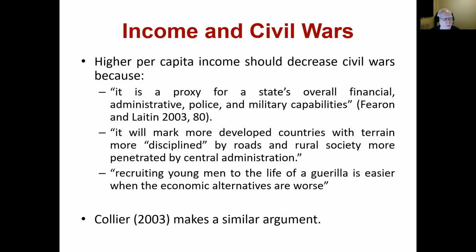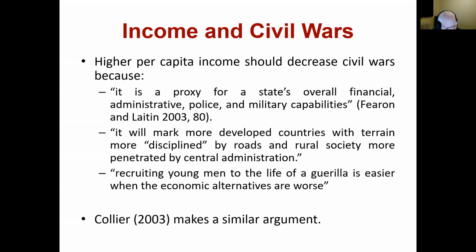So all else being equal, a state that's got higher per capita income will have a greater tax base and greater resources, and so it'll have the ability to have strong administration, strong reach into different regions, strong police forces, and strong military capabilities. So richer countries are less likely to experience civil war.